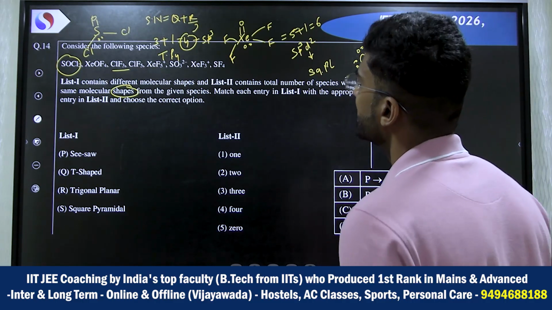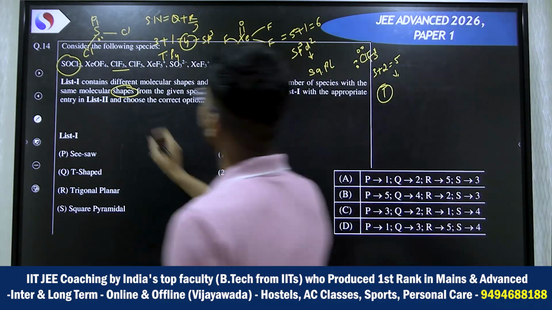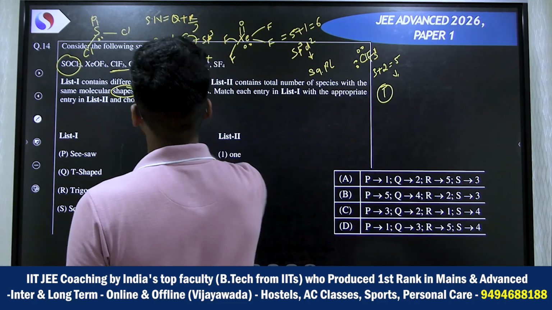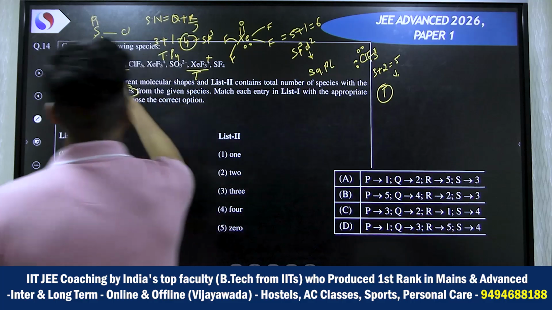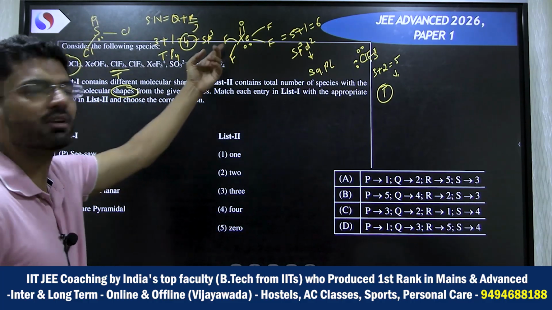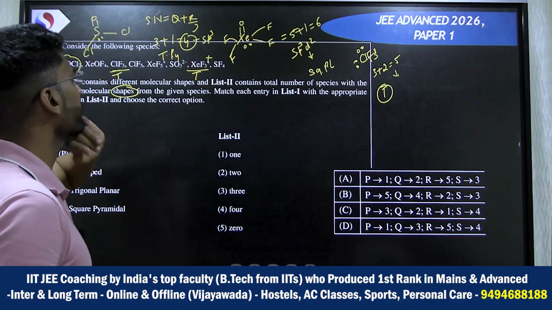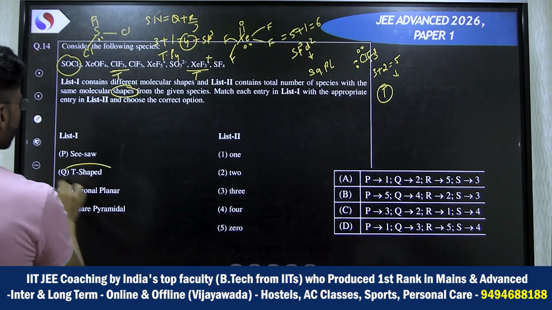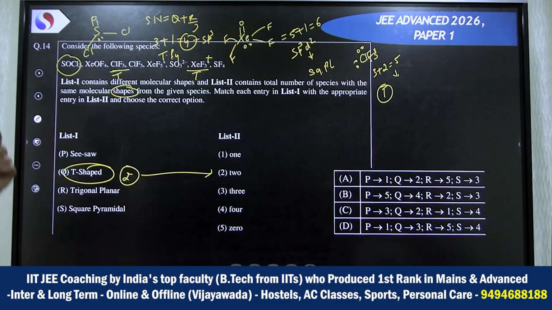Okay, this is the T shape here. ClF3 and XeF3 positive, both are the same. If this is T shape, this is also T shape, because chlorine has 7 electrons, xenon has 8, but 1 positive charge is there, which means it also has 7 electrons. 3 fluorine groups are there, so this is also T shape. Any other T shape? So T shapes are only 2.